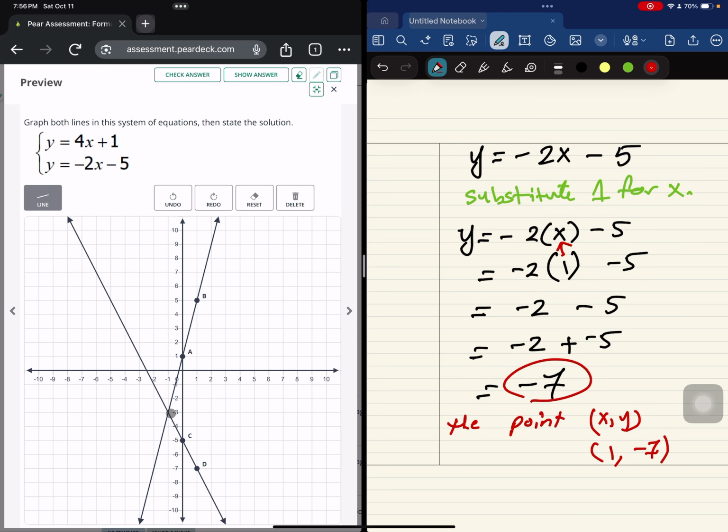The point is -1 as x, look, this is the x-axis, and -3 on the y-axis.